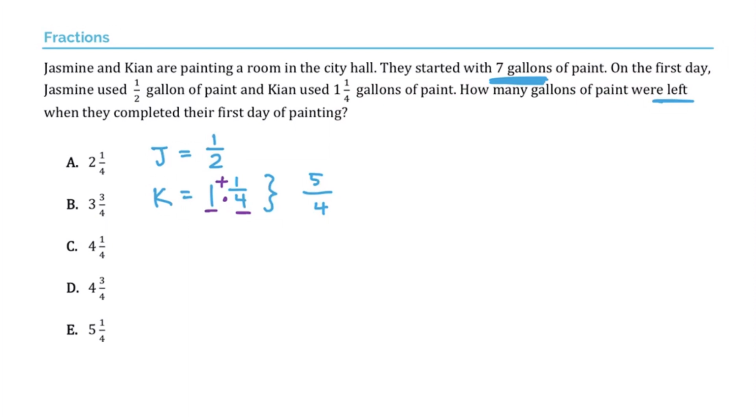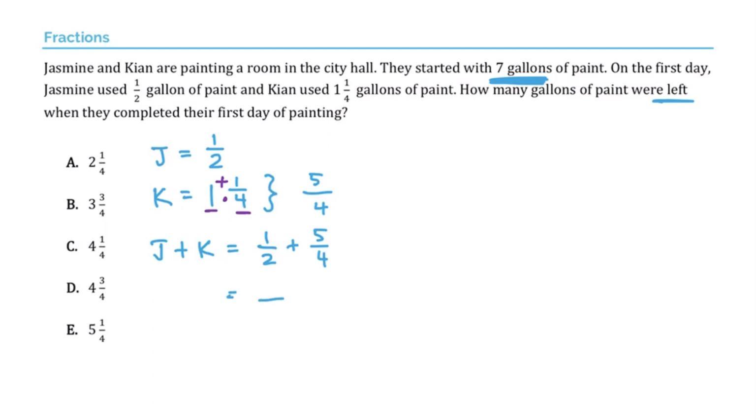So now let's try to add Jasmine plus Keon together. That will be 1/2 plus 5/4. Now we have this perfect opportunity to review how do we add fractions. And remember that for us to be able to add fractions, they have to have the same denominator.